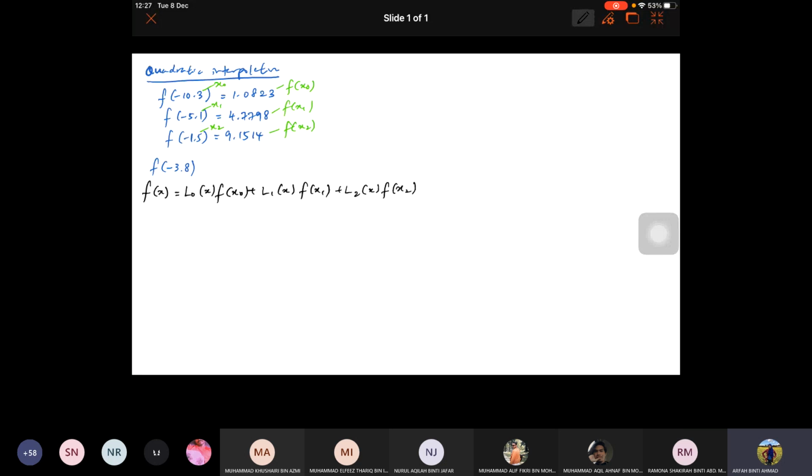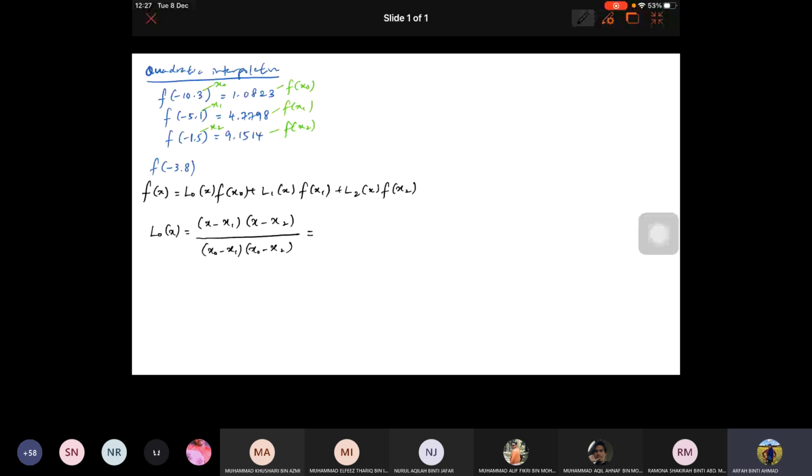Okay, so your L0(x) equal to (x minus x1)(x minus x2) divided by (x0 minus x1) multiplied with (x0 minus x2).